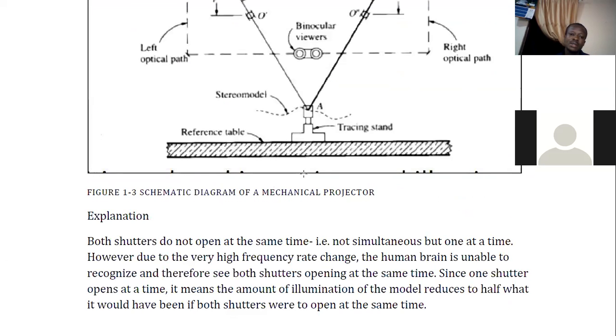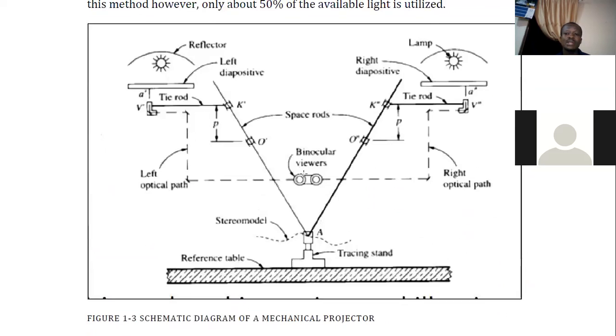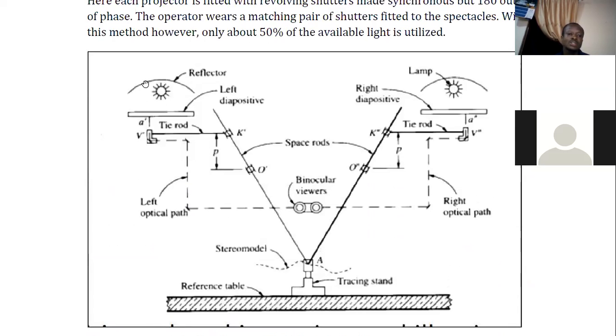This is actually the mechanical instrument schematic diagram showing how the light illuminates the diapositive. You see here, we have the left diapositive and the right diapositive. And then we have a way of actually looking at the model through the binoculars.